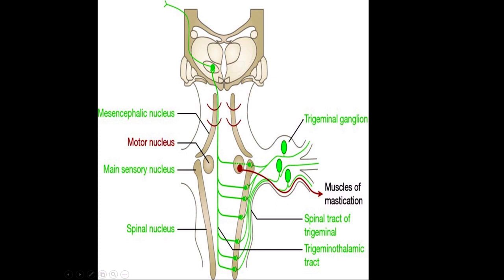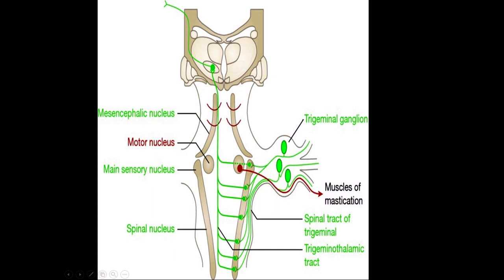This is not labeled here, but this is the VPM of the thalamus. And so this pathway is called the trigeminal thalamic tract. It's going from the trigeminal system up to the thalamus, sometimes called the trigeminal lemniscus, and lemniscus is just a name for a pathway.